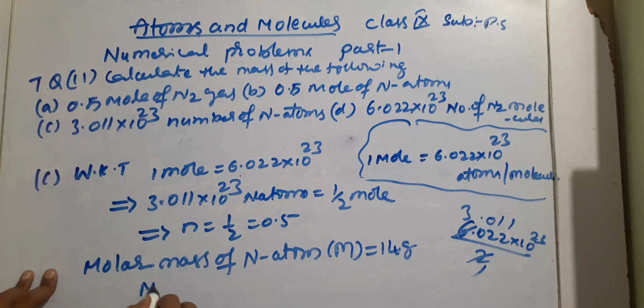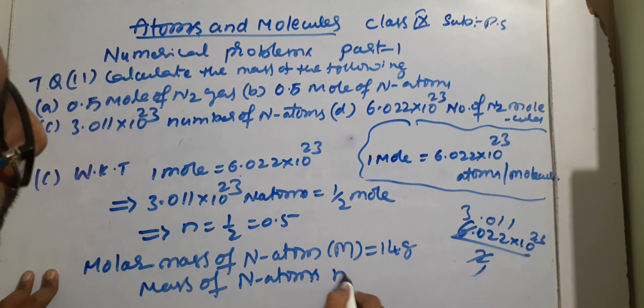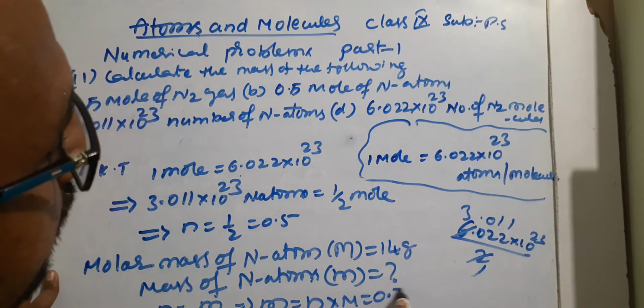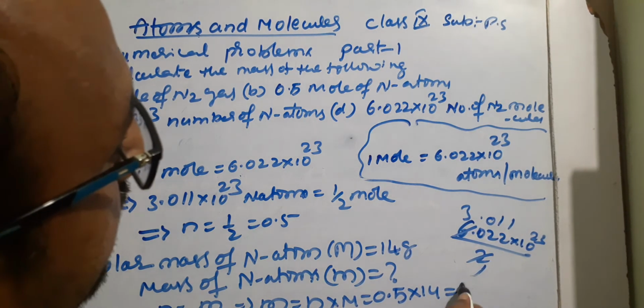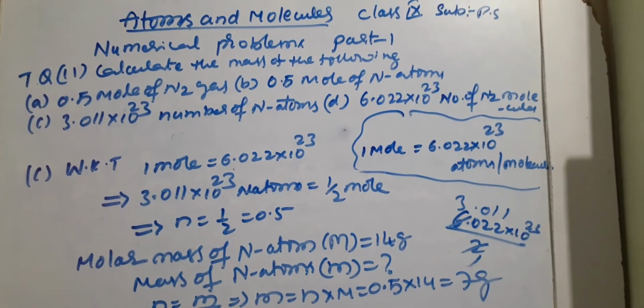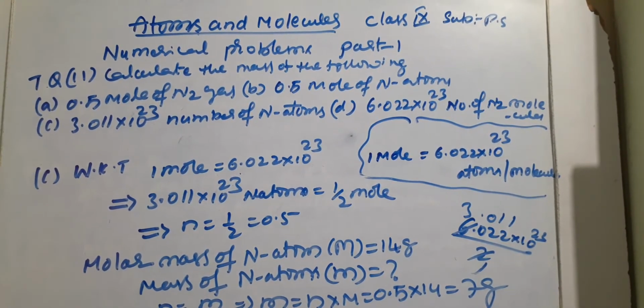And we want to calculate the mass of N atoms. Mass of N atoms is denoted by small m. And the same formula, n is equal to small m by capital M. Small m is equal to n into capital M, that is 0.5 into 14, that is 7 grams, students. So that is why here we want to use the concept.